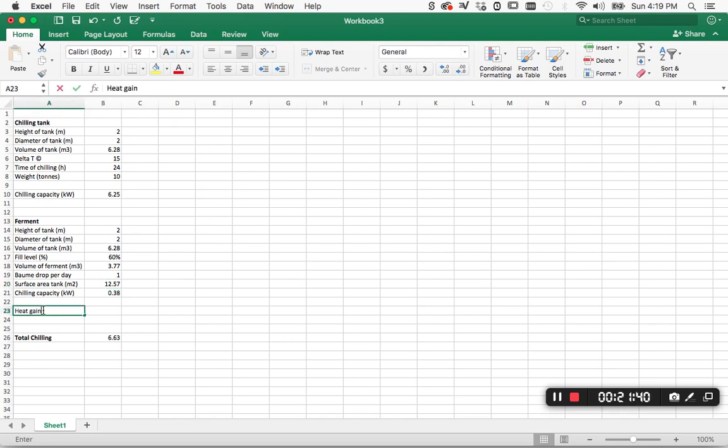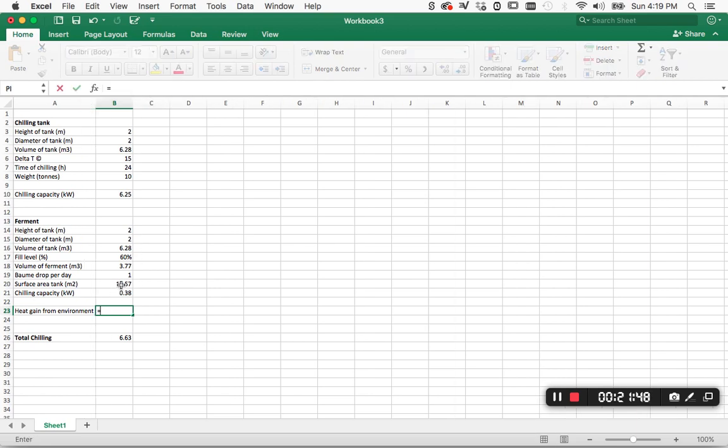So let's say heat gain from environment equals, we're uninsulated but inside an enclosed winery, so it's that divided by 10. Woo! 1.25 kilowatts. So we need to add that onto there.